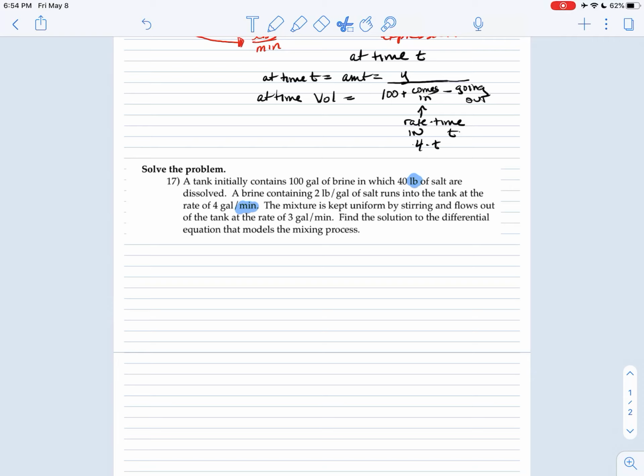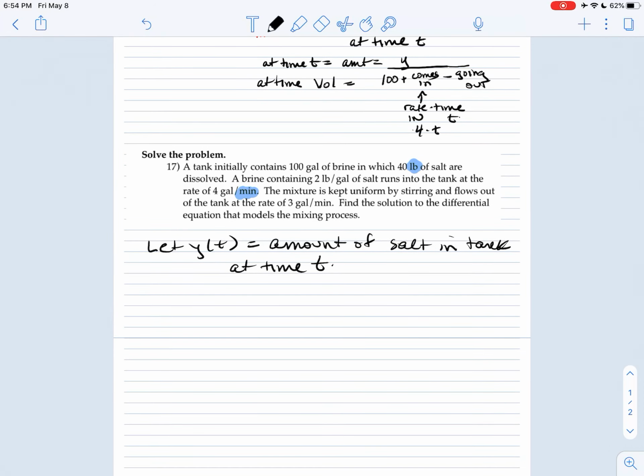All right, so in setting up, we are going to say let y of t equal the amount of salt in the tank at time t. Good. We also see at the very beginning, before we turn on any faucets and before we start draining the tank, we have 40 pounds of salt that is dissolved in the tank.